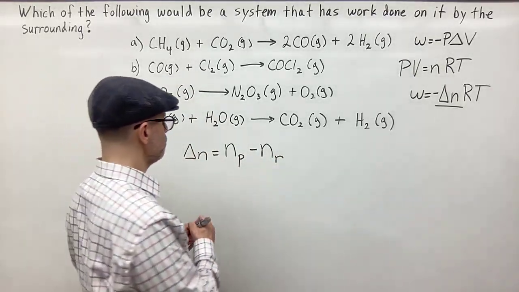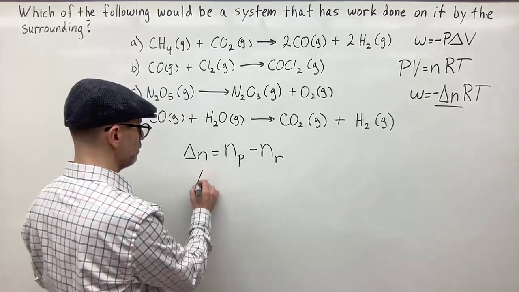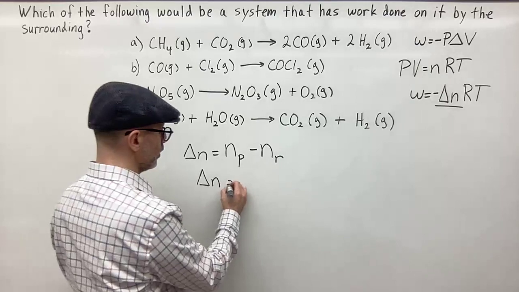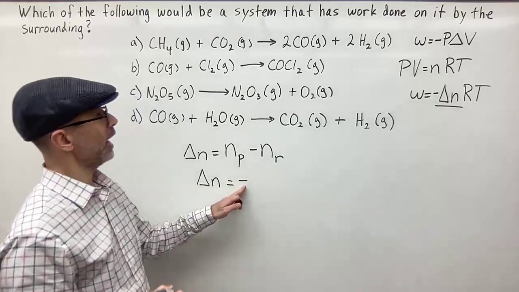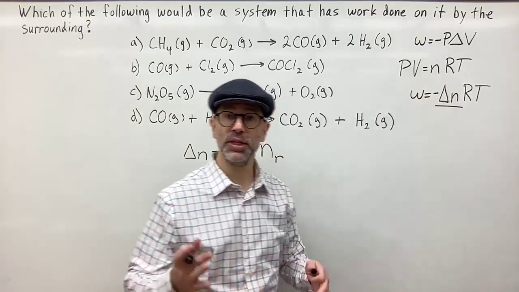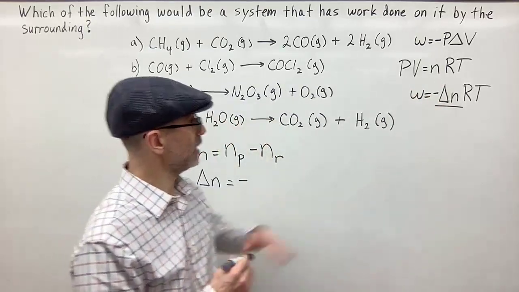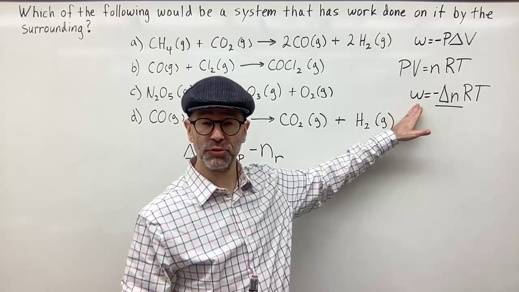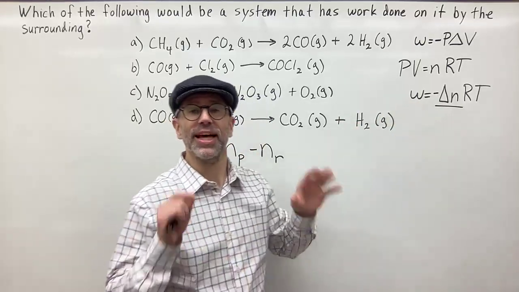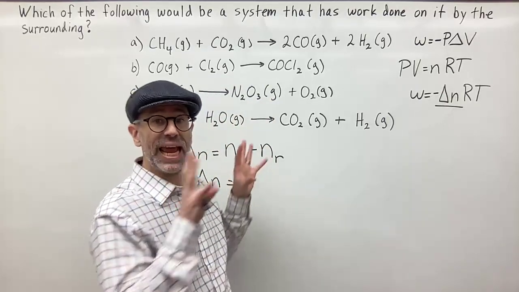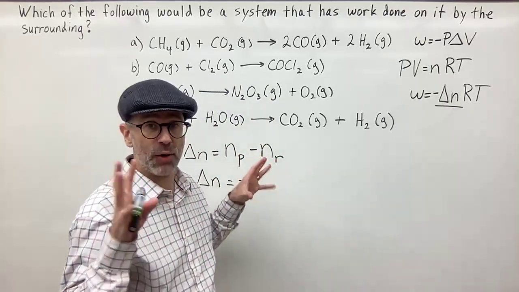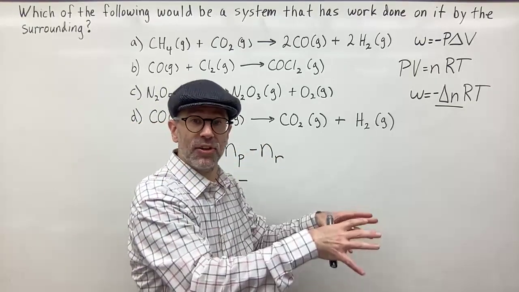And so remember, if the change in the number of moles is negative, and we plug that into our work equation, negative times negative is positive, that means work is positive. If work is positive, that means that the system is gaining energy in the form of work, meaning that the surroundings is doing work on the system.